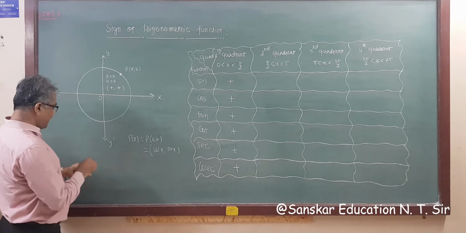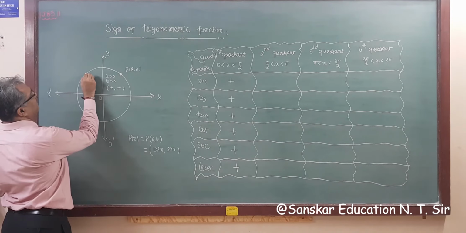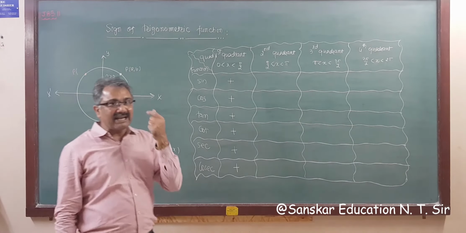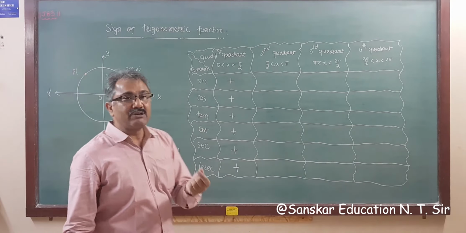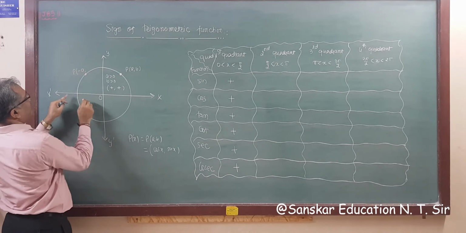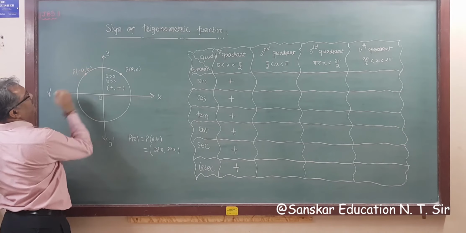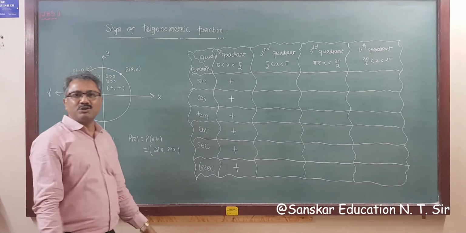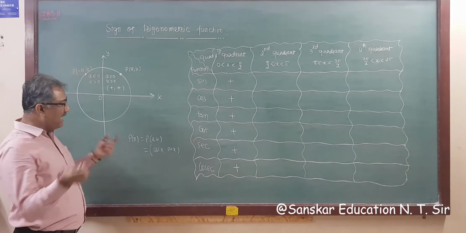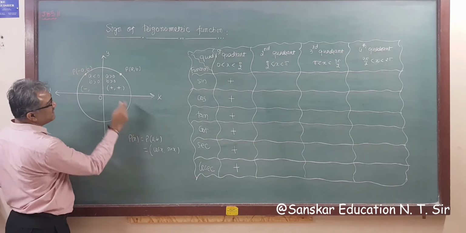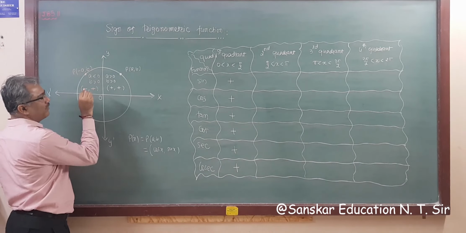Second quadrant: if we take this point P(a, b) as here, in the second quadrant the x coordinate is minus and the y coordinate is plus, so minus a, b, that is a is less than 0 and b is greater than 0. Now a means cos x, so cos x is minus, and b means sin x. Sin x is plus in the second quadrant.